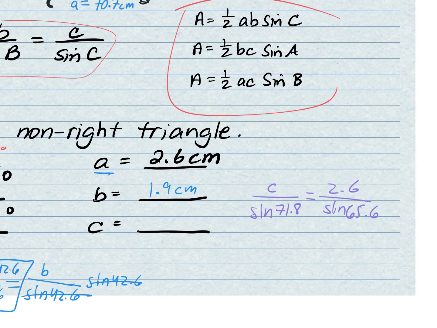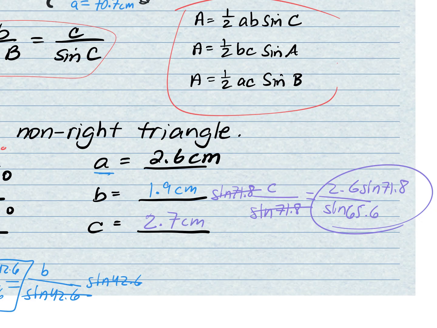And then once again, to get C by itself, you can multiply by sine of 71.8 on both sides. All right, so that number, whatever you put in your calculator, is going to get you your answer. All right, which to the nearest tenth is going to get you 2.7 centimeters.